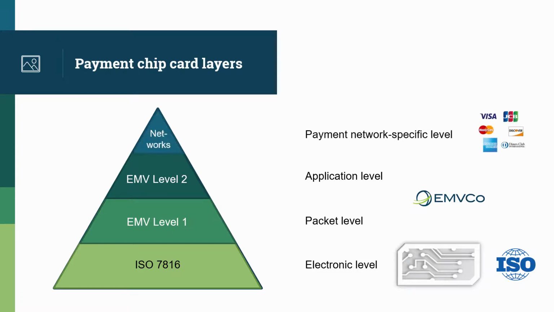At the very top of the pyramid is what we could call the payment network specific level. This level, which does not remove anything in terms of interoperability, allows each payment network to have a differentiated application and in effect allows it to manage risk in their own way and to offer their own features to their customers.